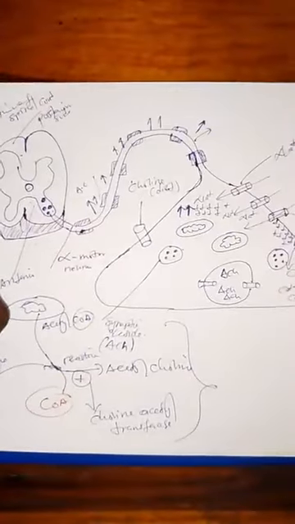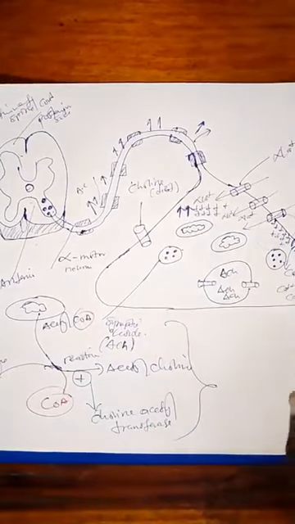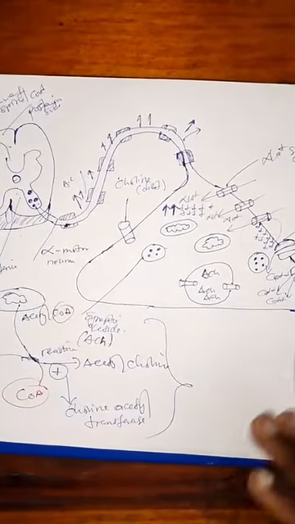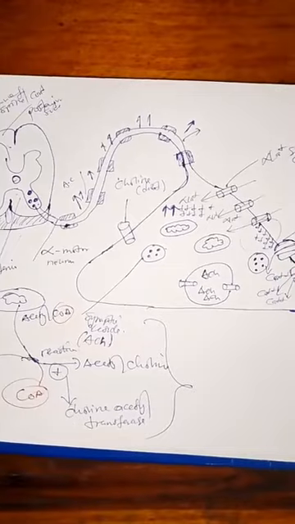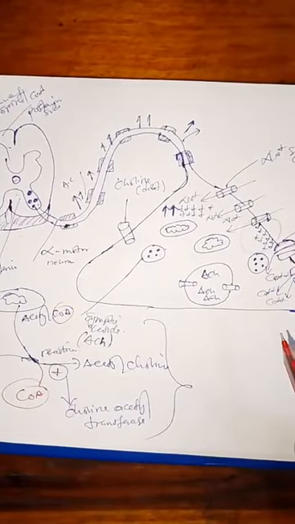Okay, let me just summarize from this part. So from this section, when the action potential reaches the terminal, there will be opening of voltage gated calcium channels. And when this channel is open, there will be entry of calcium ion, or the influx of calcium ion from the extracellular fluid. Then there will be opening of vesicles and release of acetylcholine.